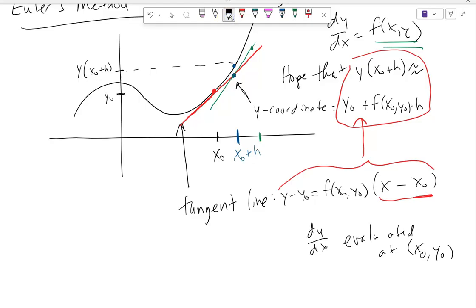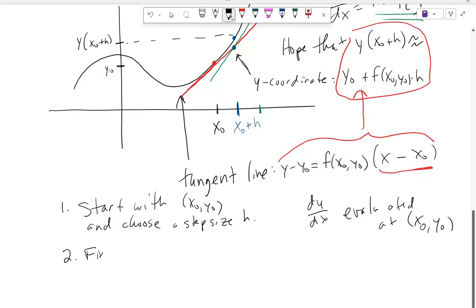So here's what the algorithm looks like. You start with the point x naught, y naught, and choose a step size. That's the first step.